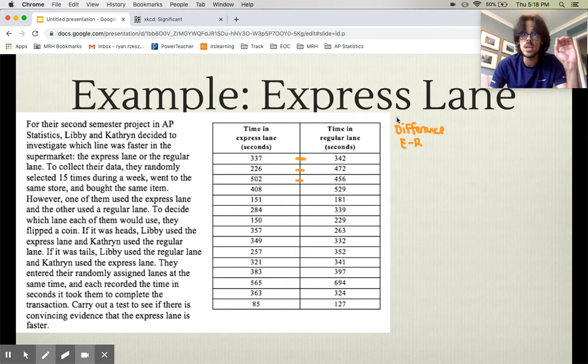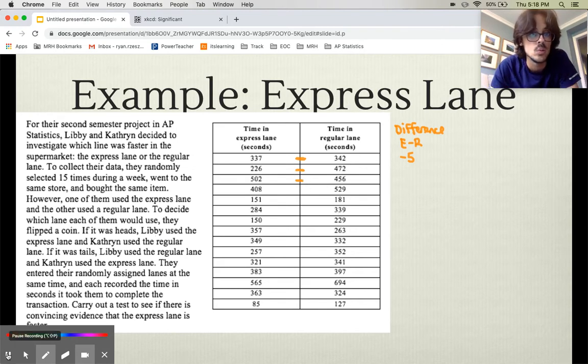So rather than looking at the one girl's number over here and the other girl's number over here, we don't care about those. We just want to do math on our difference. So my first difference, 337 minus 342 right here, would be a negative 5. And then we're just going to go from there and keep on subtracting these combos. I'll pause and come back with those solutions.